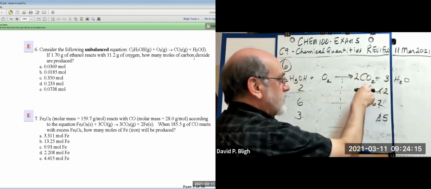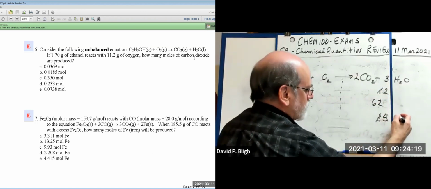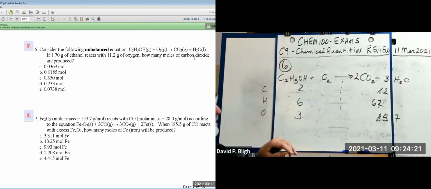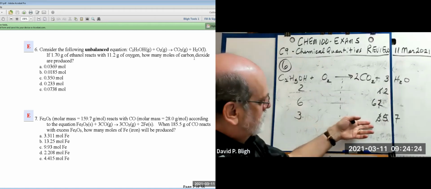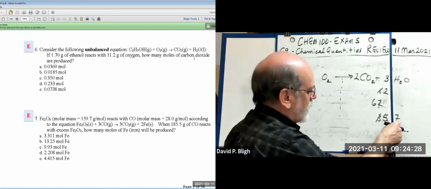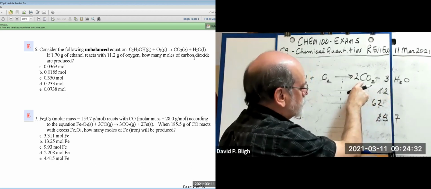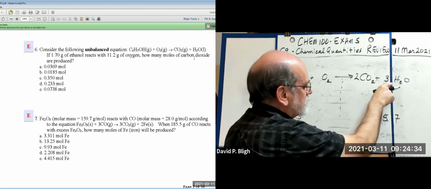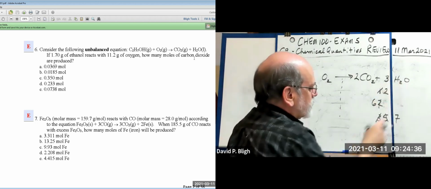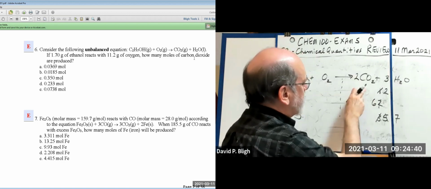Now we've got 4 and 3 is 7 oxygens. So let's see if I counted them all right.